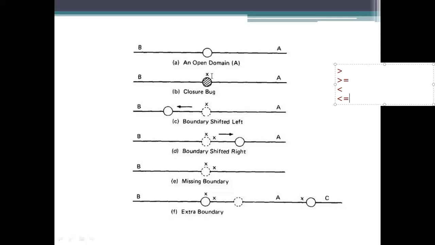The test point we are using, the X marked with the dashed circle, detects the bug here and forces the point to remain in boundary B or domain B. There should be a bug present at A, but what it is doing is shifting to the left side. Next representation: boundary shifted to the right.